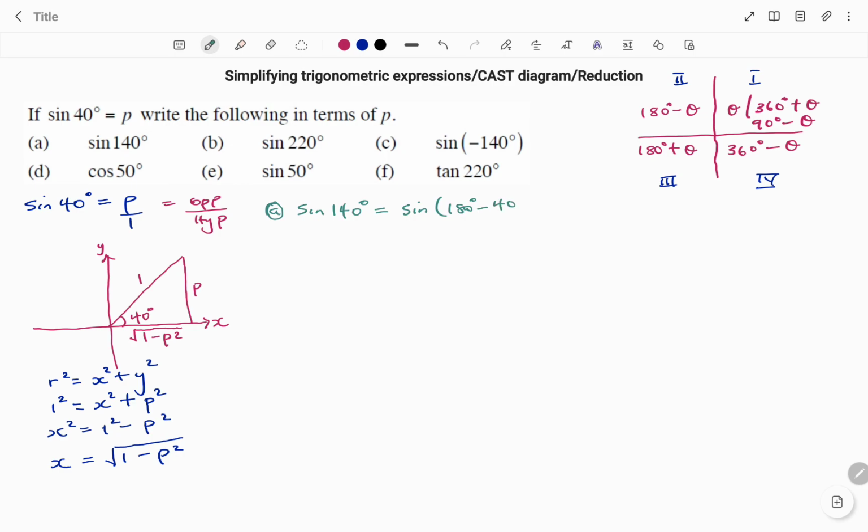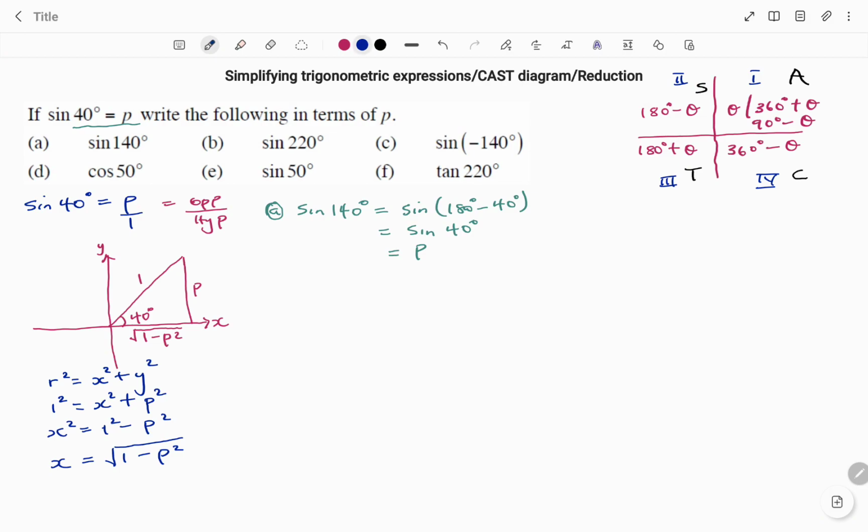That will be 40 degrees. And if you check, the value of sine theta in the second quadrant is positive. So reducing, I have sine 40 degrees, that will be equal to, we've been told that sine 40 degrees is P, so that's P. Therefore, sine 140 degrees equals P.